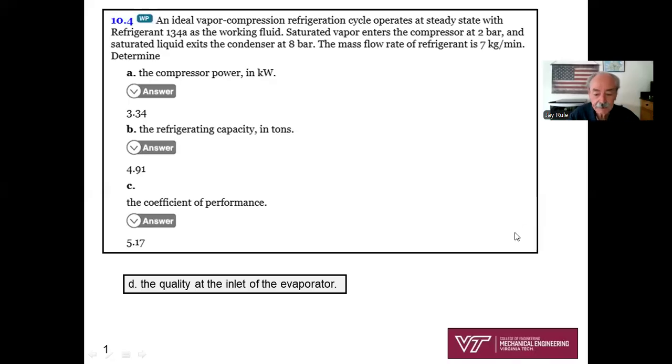I've selected this problem that I think is going to be a good representative and to some extent simple as long as you know the fundamentals. I was going to say as long as you know the secrets, but let's see what this is all about. An ideal vapor compression refrigeration cycle, those are some key words, operates at steady state with refrigerant 134A as the working fluid.